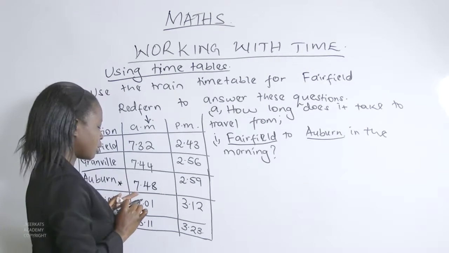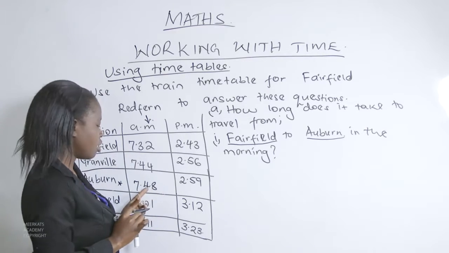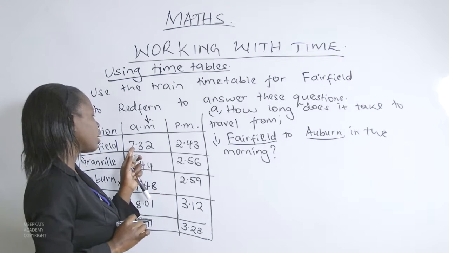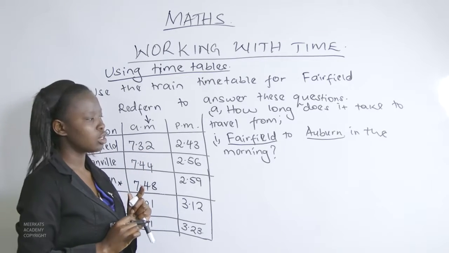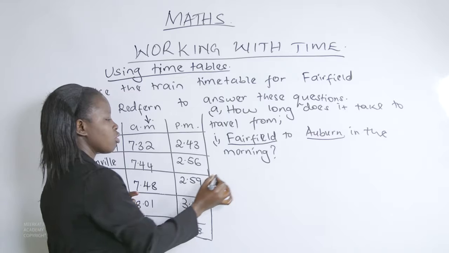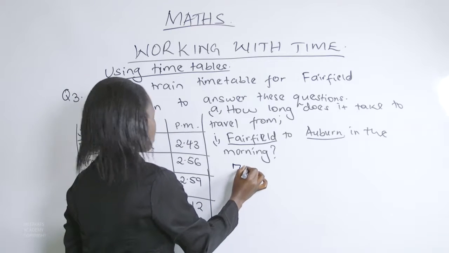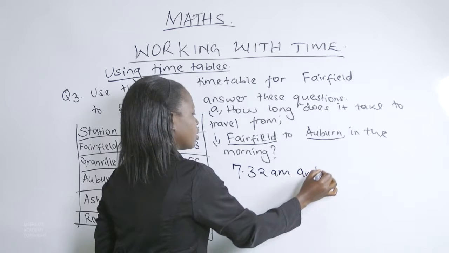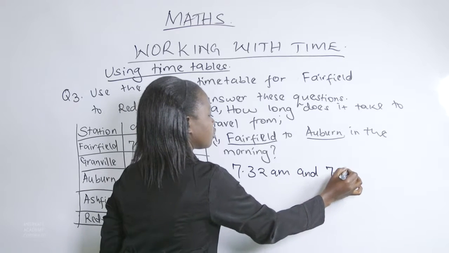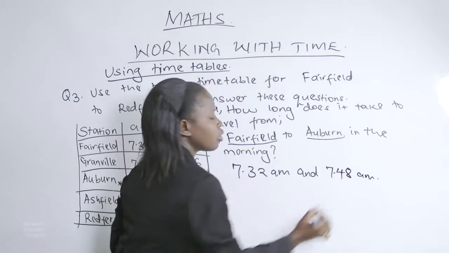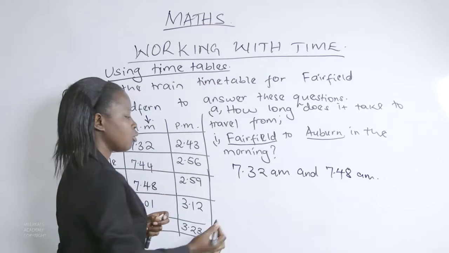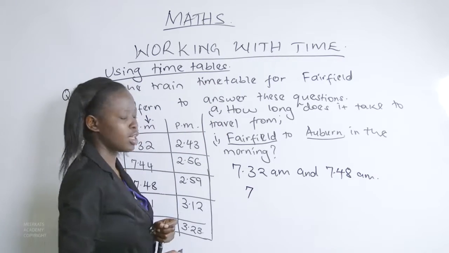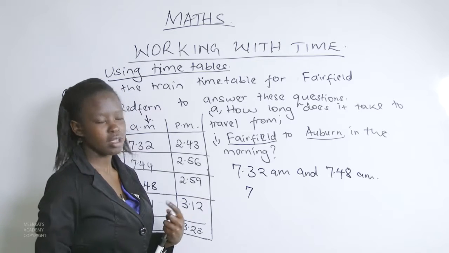The times we are looking at are 7:48 a.m. and 7:32 a.m. We need to get the difference between the two. So the difference is between 7:32 a.m. and 7:48 a.m. So it is simple. How do we get the difference? 7:48 is definitely ahead of the 7:32.